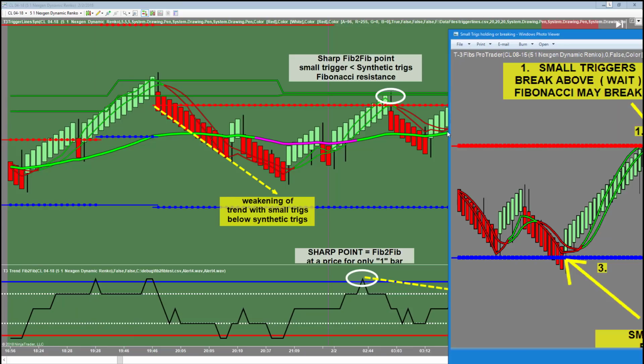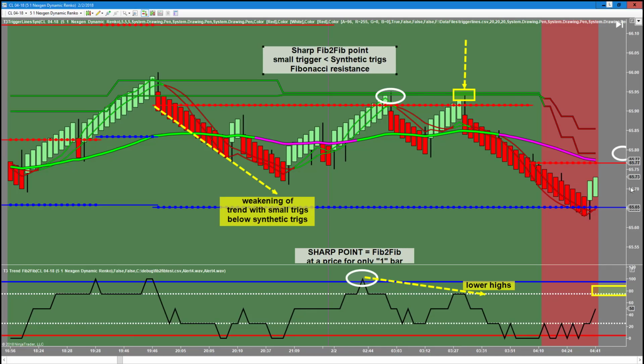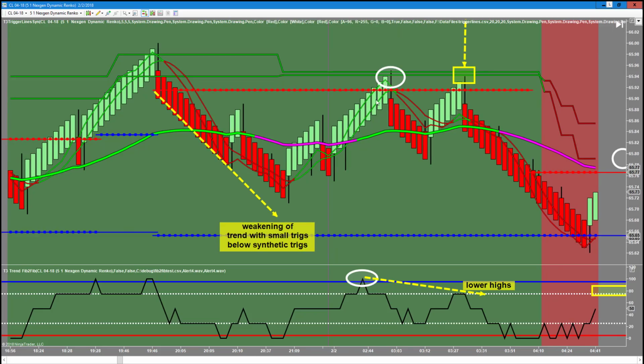Well, when that happens, you can kind of see that process over here. Strong small triggers into resistance the first time. The second time we hit resistance, again, this is just trigger line reading. Look at where your small triggers are. Your small triggers are considerably lower than they were the first time, when they were strong into the area.